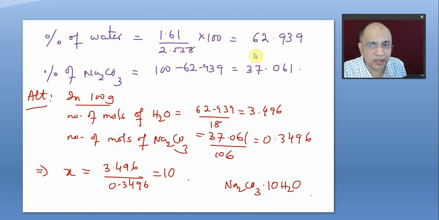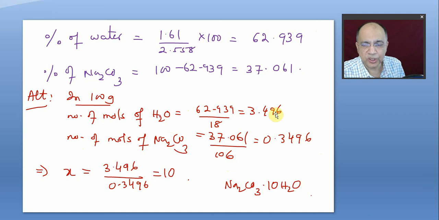So if you analyze 100 grams of the sample, then do the same thing. The number of moles in 100 gram will be 3.4496 moles of water, and the number of moles of sodium carbonate will be the percentage of sodium carbonate by 106. That will be this much. So this is also 10 times.